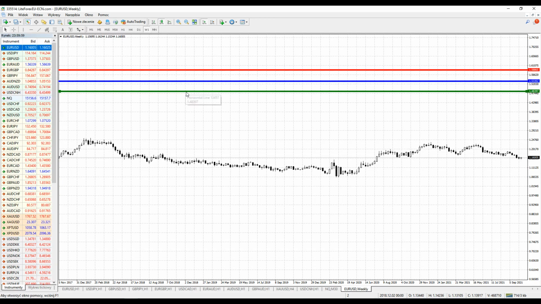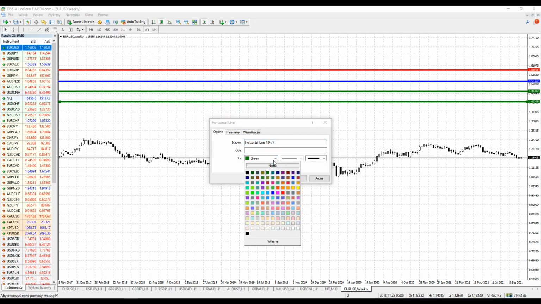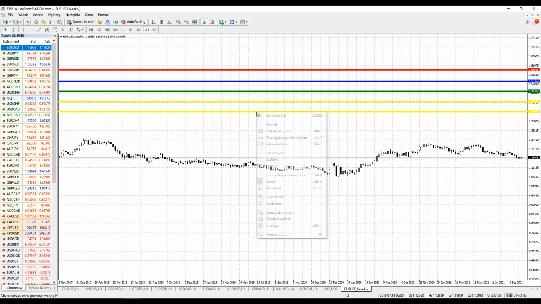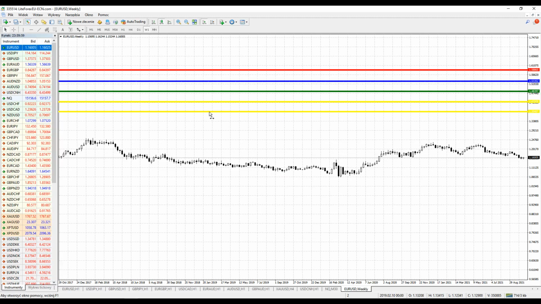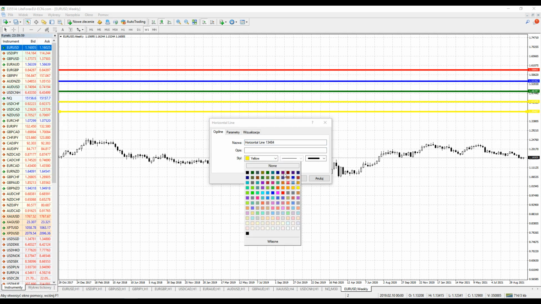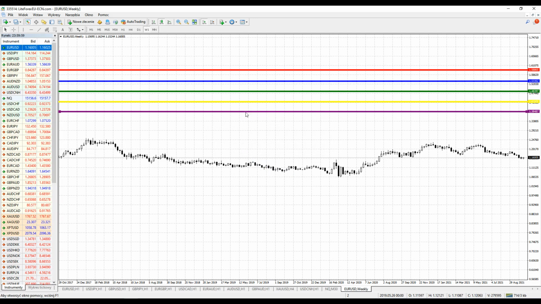And then if we go lower, I might use either yellow, or some kind of purple lines, anything related to orange, yellow and purple lines, different from the red, blue and green, right?